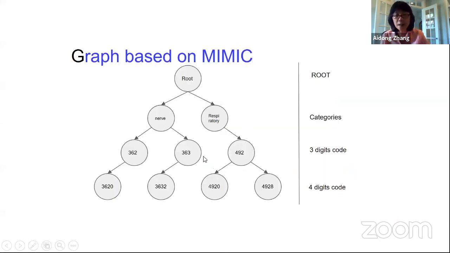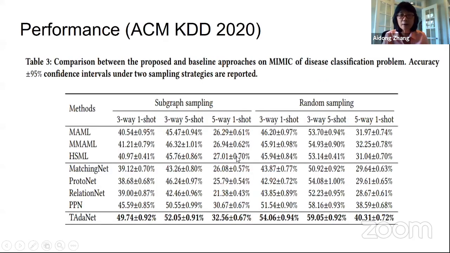And you can see the subgraph performance is lower than random sampling, because if you restrict to a subgraph, the data are more homogeneous, so it's more difficult to distinguish different diseases. So random sampling actually performs better.